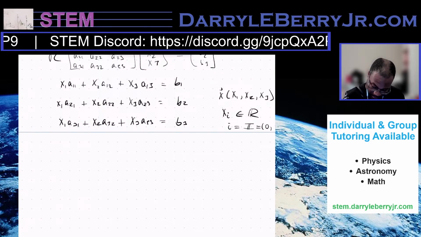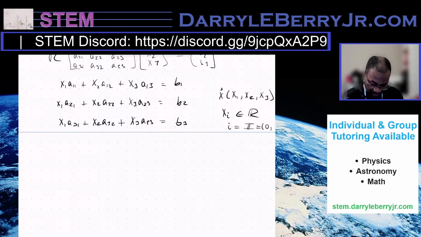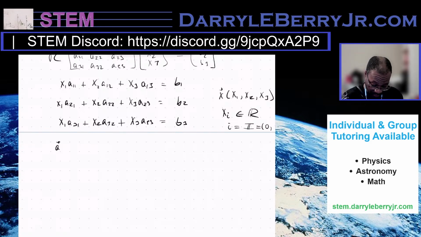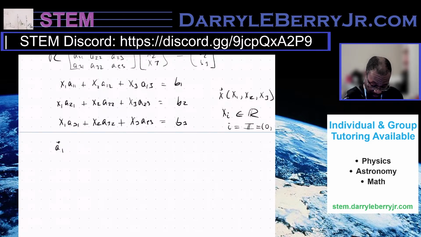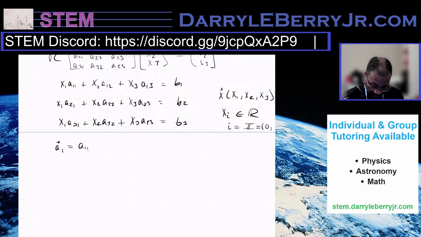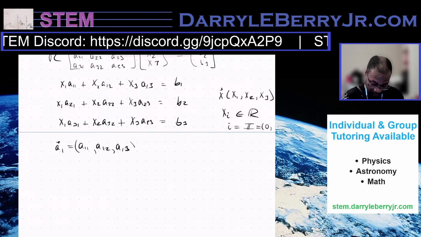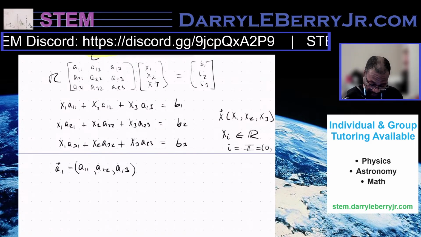And we can say that thus these are the normal vectors. So the normal vector 1 from the first row would be a11, a12, a13. And these would be the normal vectors for these three planes.